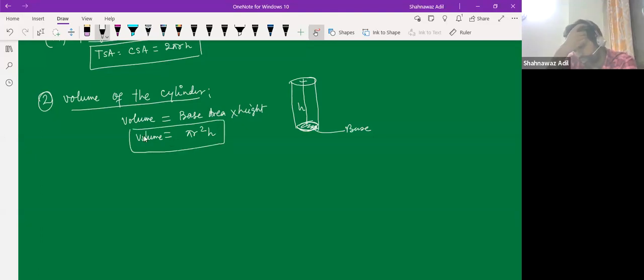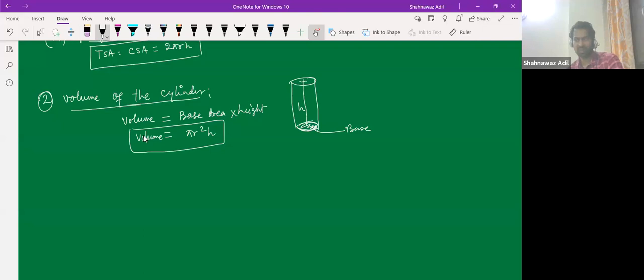Right, and that can also happen for this cuboid. So volume of the cuboid will also be base area into height. So if you have this floor area, how much is the floor area? Length into breadth, right?